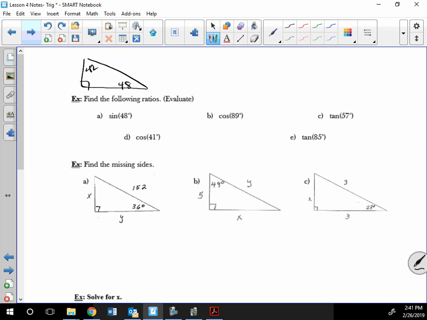But no matter how large or small, every time that I do my sine of 48 degrees, using my angle 48 degrees, my sine, what does sine compare again? Opposite over hypotenuse. Good. So sine of my angle is opposite over hypotenuse.